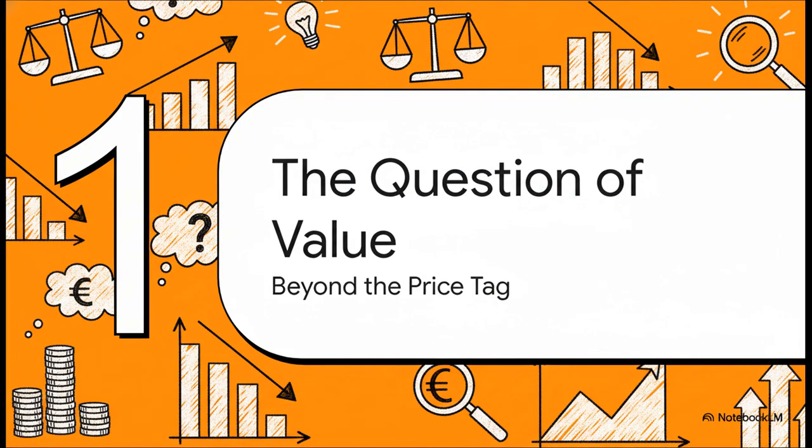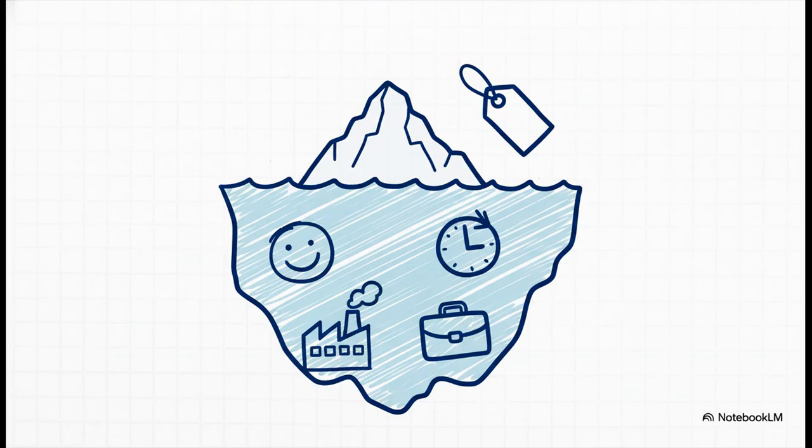Okay, let's dive right into section 1, the question of value. Before we can start calculating anything, we've got to be on the same page about what value really means in a market, because it's so much more than what's on the price tag. Think of that price on the receipt as just the tip of the iceberg. For the buyer, what's underwater is their total benefit or utility. It's not just what the product does, it's the problem it solves, the time it saves, maybe even the status it gives them.